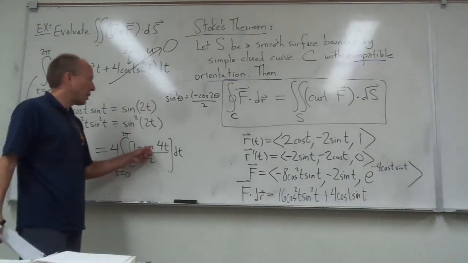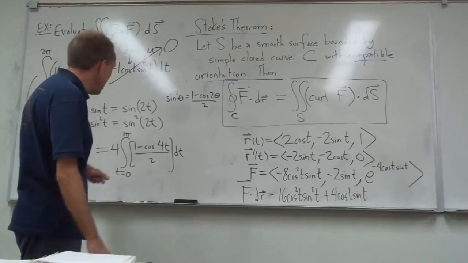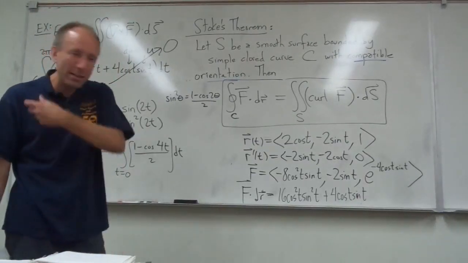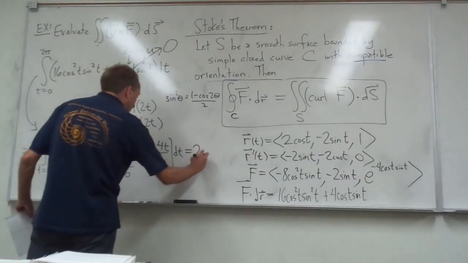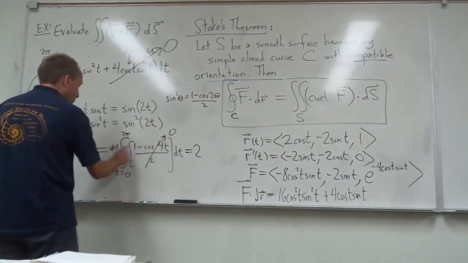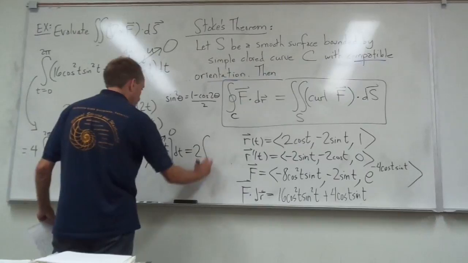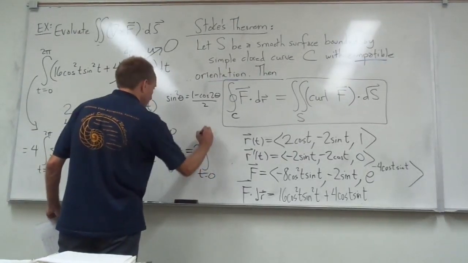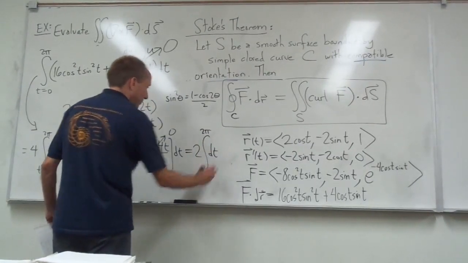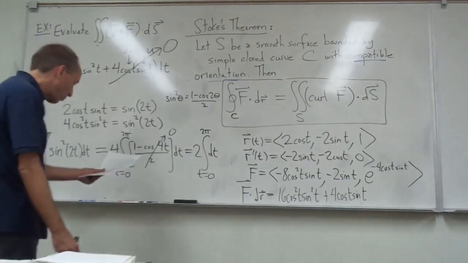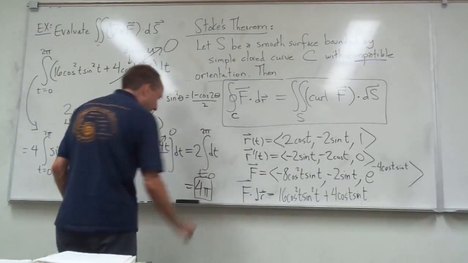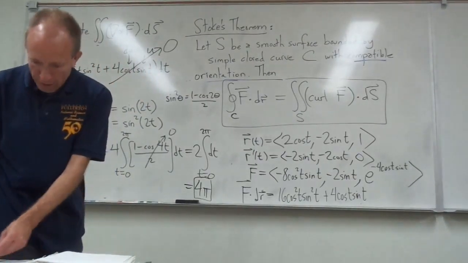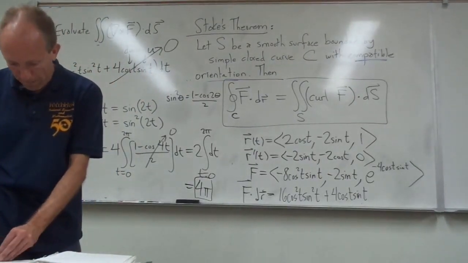When you integrate cosine, you're going to get sine again. When you plug in 0 and 2 pi into sine, you get nothing. So really the only thing that doesn't get canceled to 0 is this 4 over 2 here. So you just have a 2 basically times the integral of dt from 0 to 2 pi. I'm going kind of quickly through this part. It doesn't really matter that much. The final answer there is 4 pi.